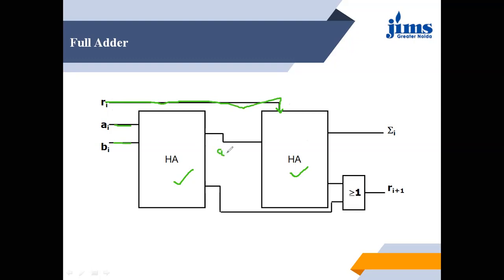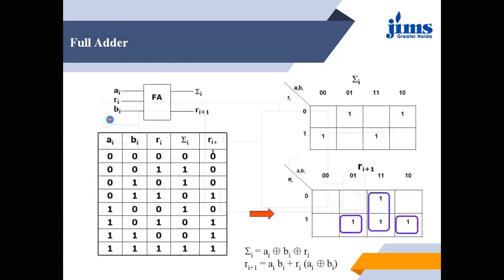So here we will get AI XOR BI, and here we will get A dot B. Same when we implement these over here, we will get the same output as we discussed in the last case, as the expression to find the summation is AI XOR BI XOR RI, and for carry generation this is AI dot BI plus RI whole multiplied by AI XOR BI.